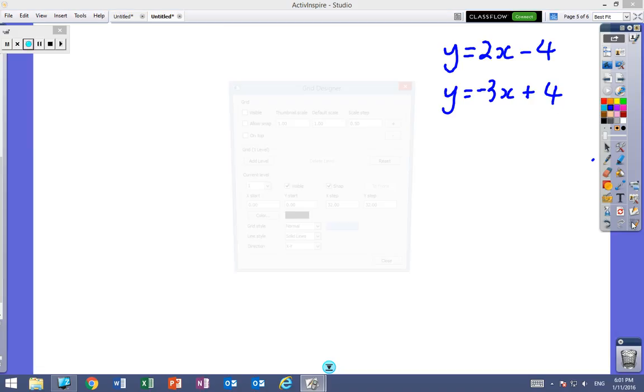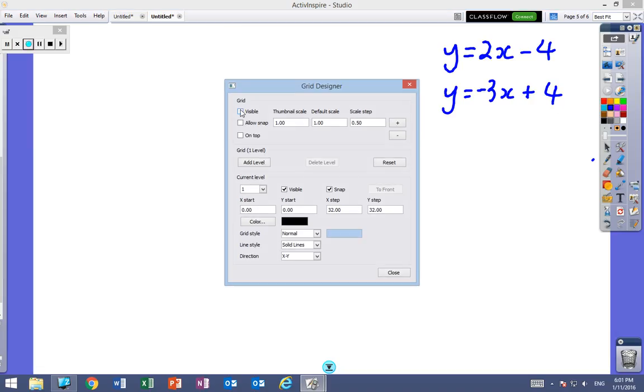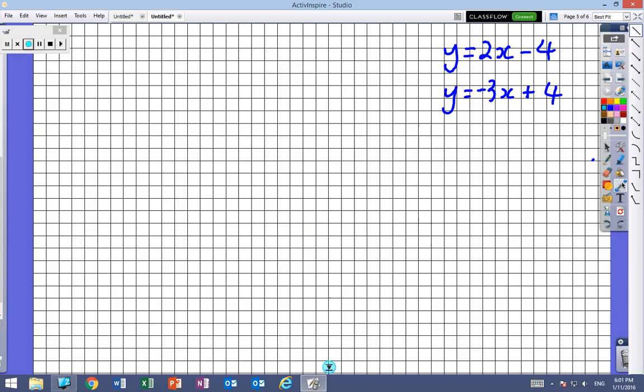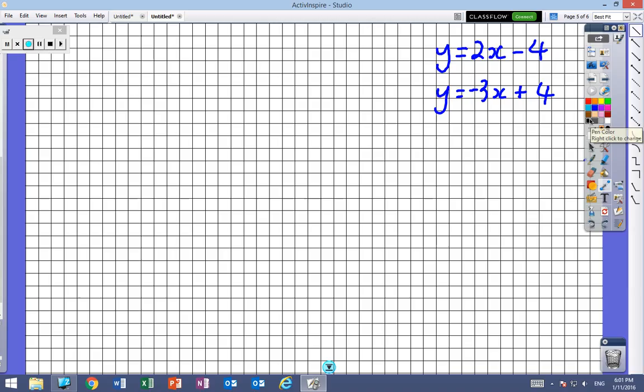And what that means is you have to draw them both. You have to draw the two linear relationships, and wherever they cross, if and when they cross, where they cross is the solution to the pair of simultaneous equations.